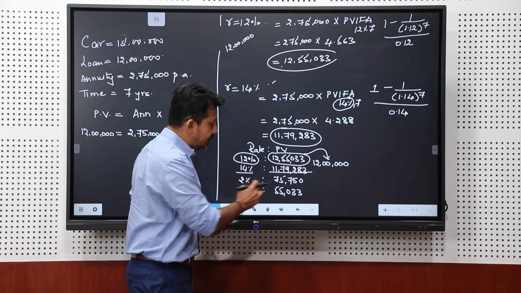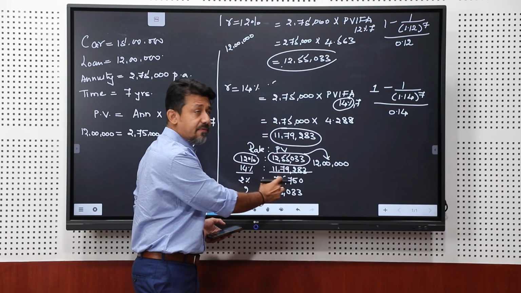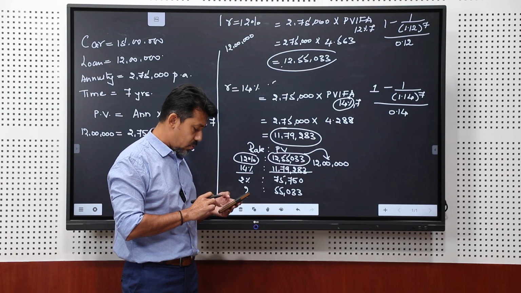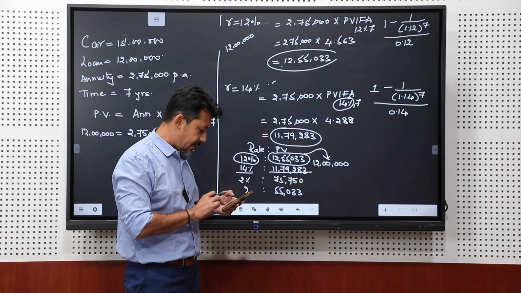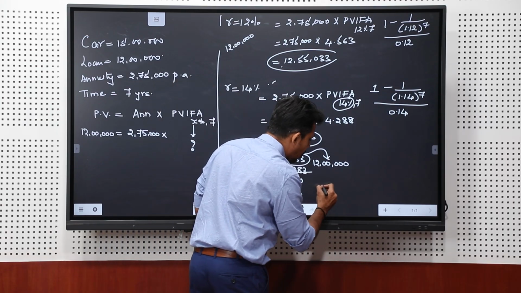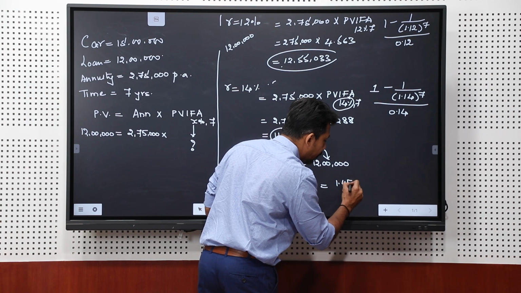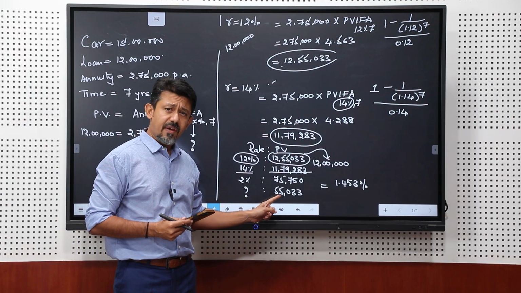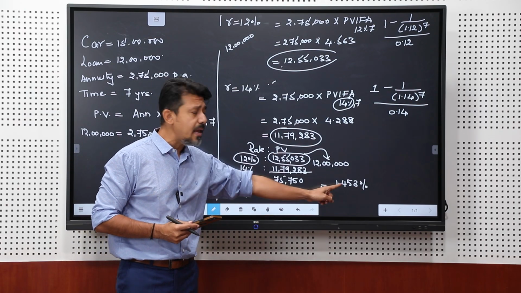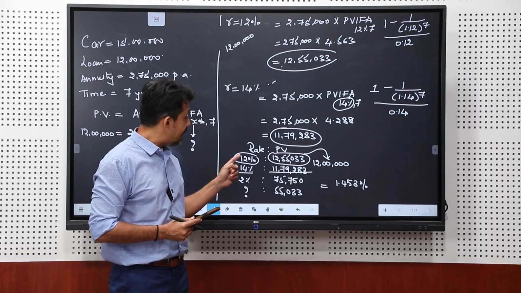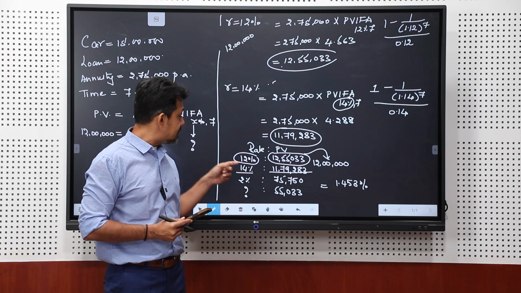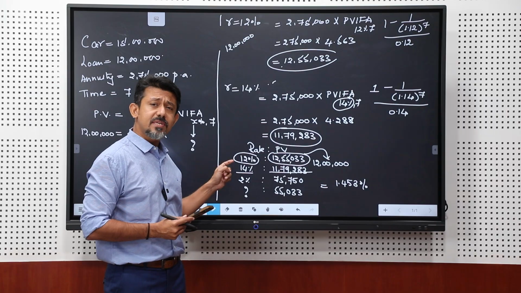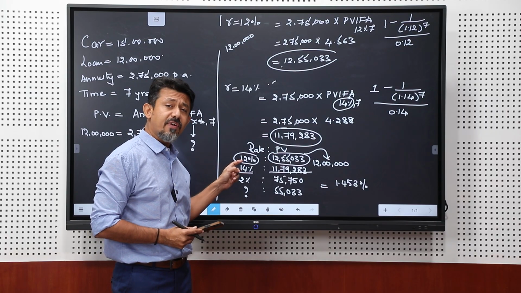So let me do a cross multiplication. 55,033 into 2 divided by 75,750, that gives me 1.453%. So if I want to bring about a change of 55,000, I need to change my rate of interest by 1.453%. Where was I standing? 12. You know your answer is between 12 and 14. So do I add 1.45 to 12%, or do I deduct 1.45 from 12%?